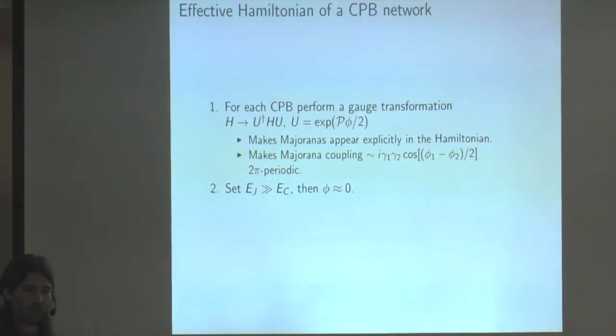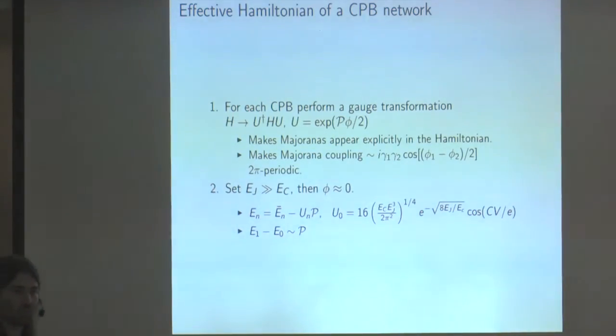So to implement a discrete protocol, I need to be in the regime where the Josephson energy always dominates, and that means that the phase of every superconducting island is well defined and is always close to its classical minimum of energy, namely phase equals 0.